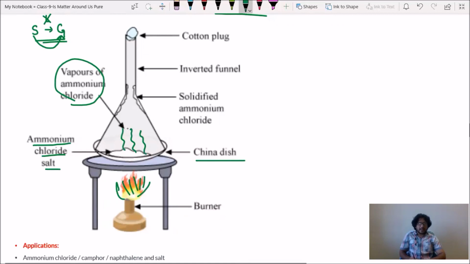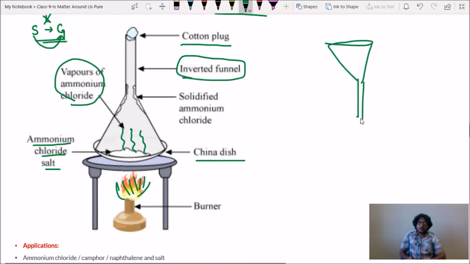Vapors will be coming out, and here you are using a cotton plug and you have taken an inverted funnel. Basically the funnel will be like this, and you invert it for doing this experiment, and the vapors of ammonium chloride will rise up and stick to the walls of the funnel.